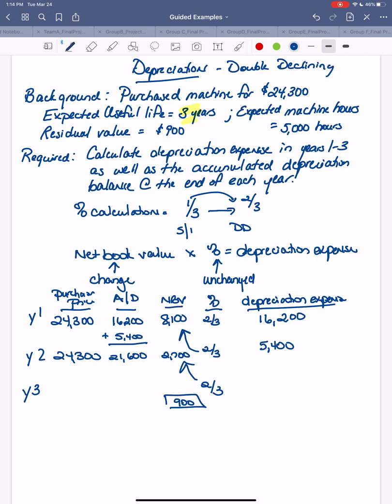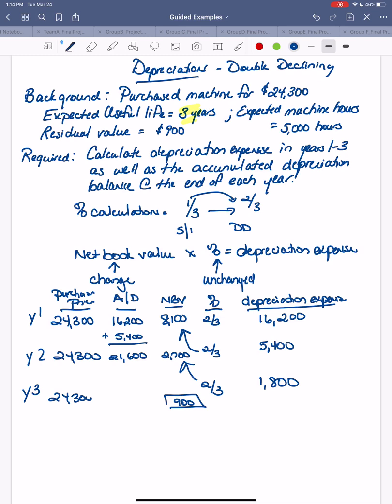That would say, oh gosh, you should have $1,800 in depreciation expense. All right, so let's see. If I take 2,700 minus 1,800, I end up with a net book value of 900. So that worked out right.